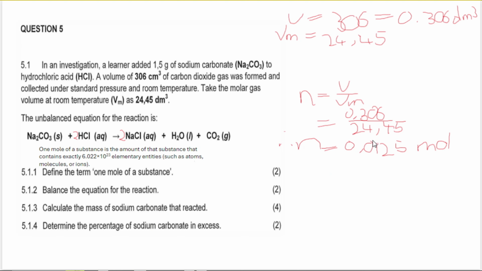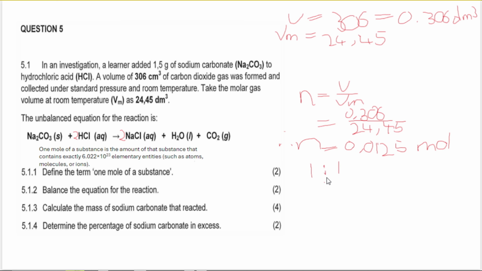And remember, we can convert those moles into a mass. But what do we need a mass for? We need it for sodium carbonate. So let's use the ratios. The ratio between sodium carbonate and carbon dioxide is 1:1.